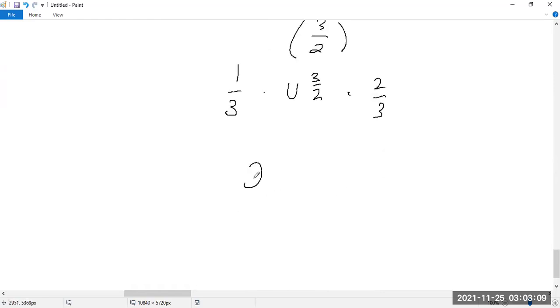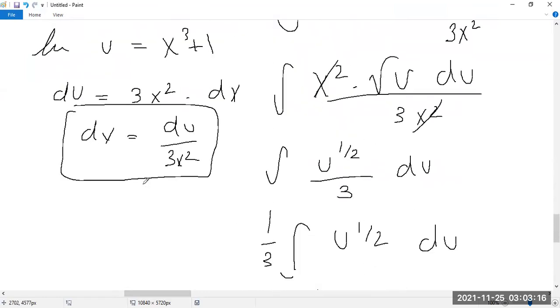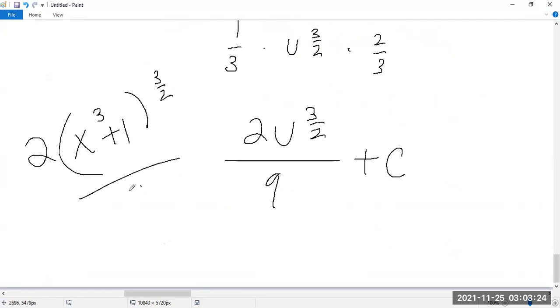So you actually have 2u to the 3/2 over 9 plus c. Your u value is x cubed plus 1, so you have 2 times (x cubed plus 1) to the 3/2 over 9 plus c.